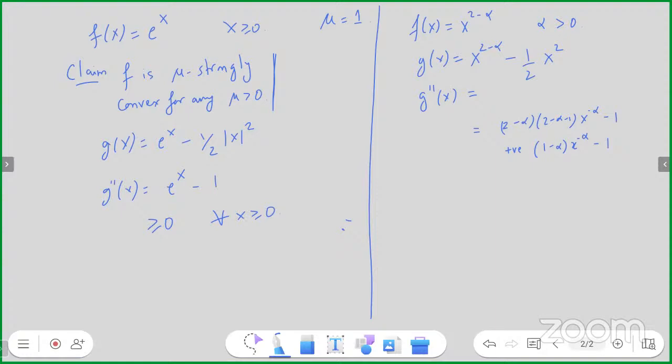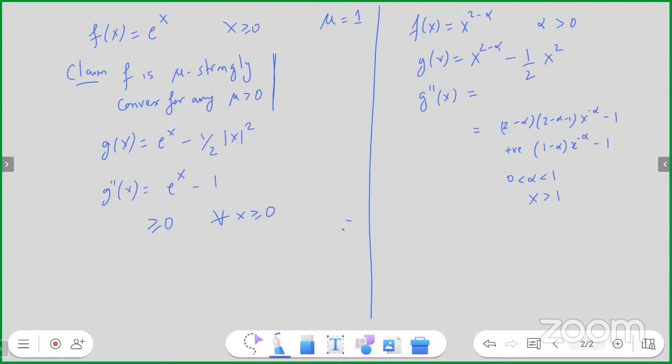This is something smaller than 1. Let's take alpha between 0 and 1 for the moment. X greater than 1. What happens to this quantity? This is positive, but smaller than 1. This is also smaller than 1.